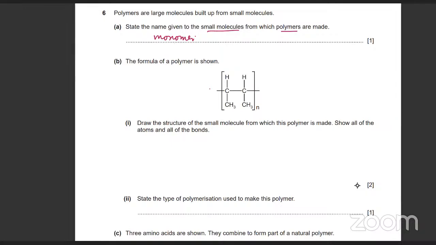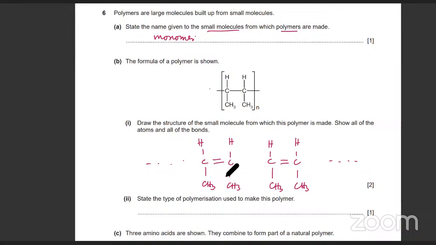Lots of these connected with each other. Before connecting, there was a double bond between them, thousands of them. The double bond between them disappeared and they connected with each other. Okay, so that's your monomer.